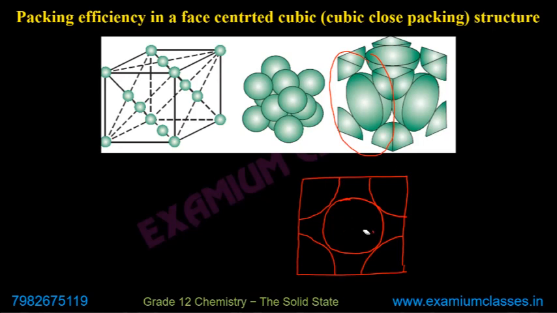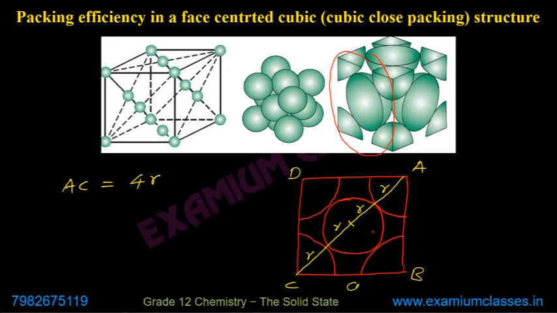If you draw this diagram, then this is R, this is R, this is R, this is R. So say it is A, B, C, D. So AC is equal to 4R.